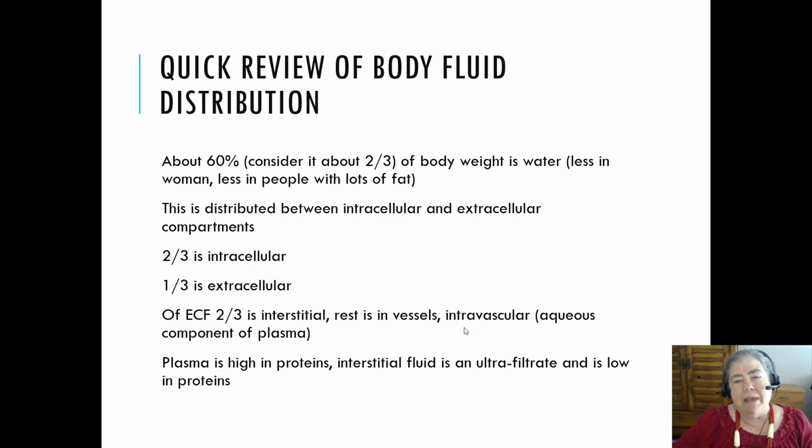That's variable depending on muscle mass and age, so it's lower in women and lower in people who are very fatty. This water is distributed between compartments, which we have labeled as the intracellular and the extracellular compartments. About 2/3 of the water is in the intracellular compartment, sitting inside of cells, but about 1/3 of it is extracellular.